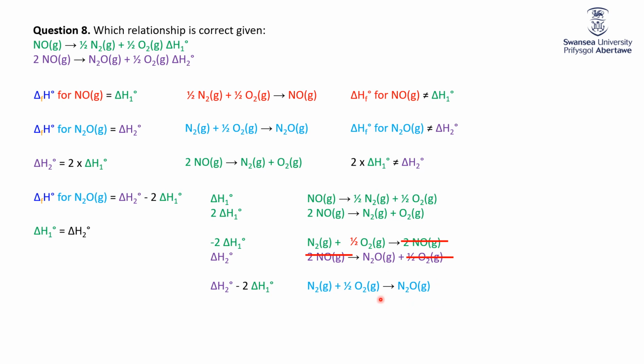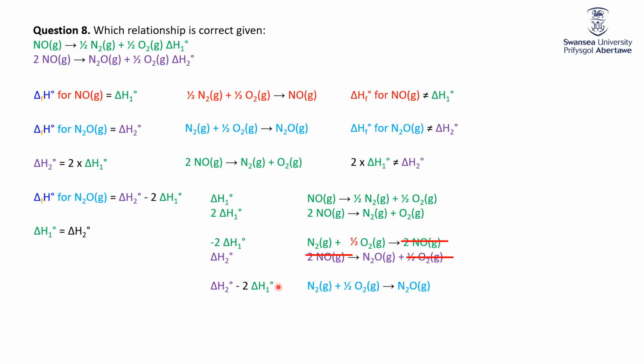Make sure that you see how I got there. So delta H2 was this. I doubled delta H1, turned it to a minus sign, and then put those together to get N2 plus half O2 goes to N2O. And look at that, that looks remarkably like the heat of formation for N2O.